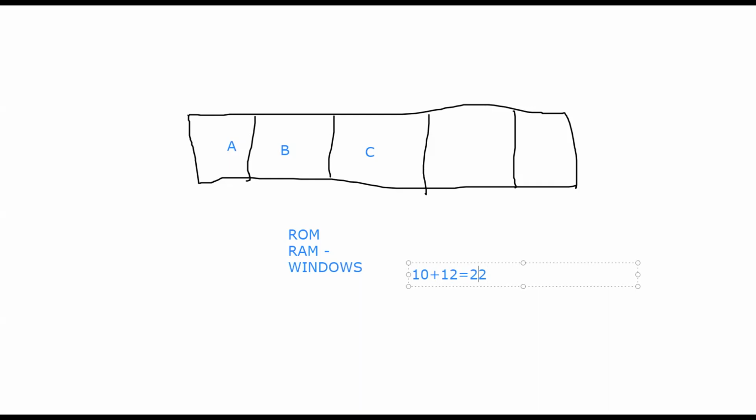This 10 must be stored somewhere, right? This 12 also must be stored somewhere. And the result of both of them must also be stored somewhere. So for me to be able to store them, since I'm working in RAM, my application is loaded in RAM. I need to use part of RAM to say, okay, inside this RAM, in A, I want to store 10. In B, I want to store 12.